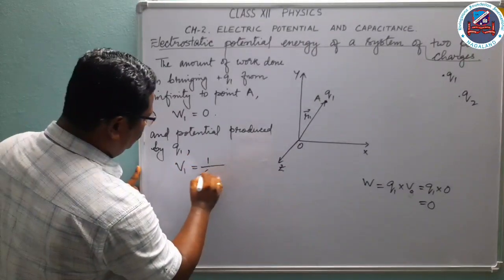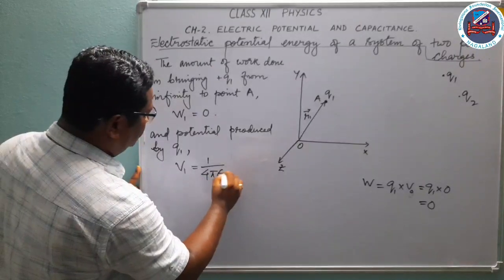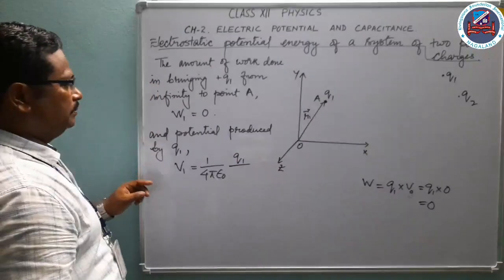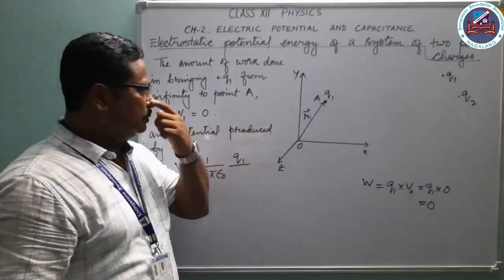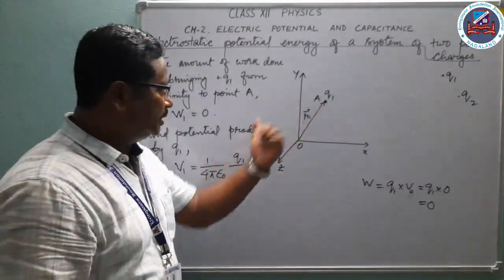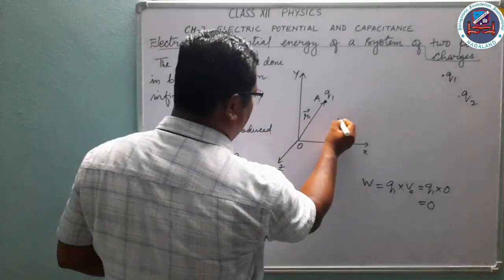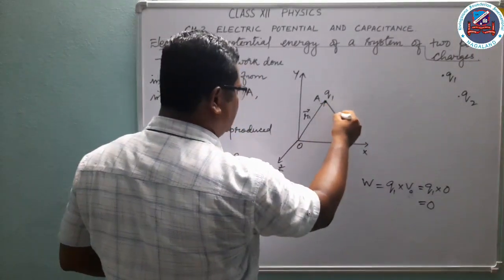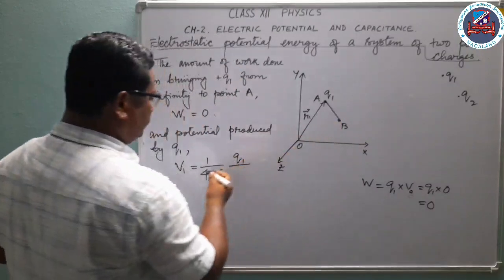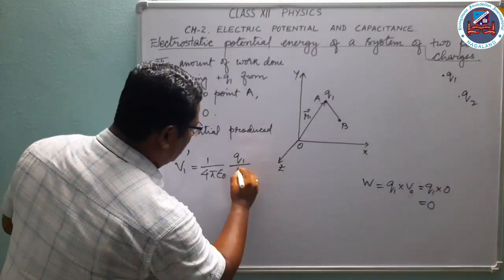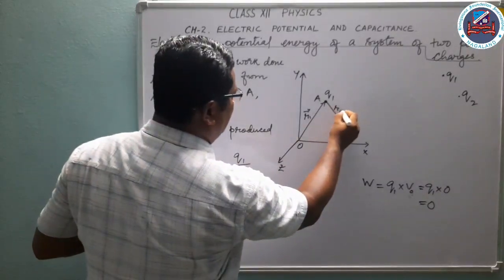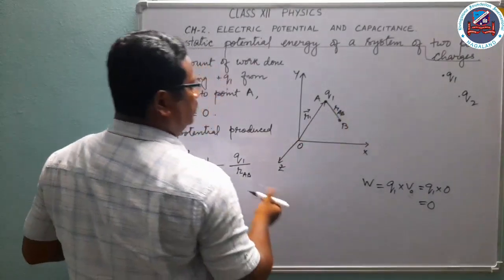It will be 1 by 4 pi epsilon naught, Q1 divided by the distance where you are going to bring the second charge. Suppose here I am going to bring the second charge at point B. So this distance, let us take it as r AB.